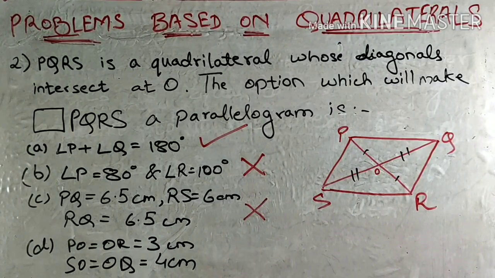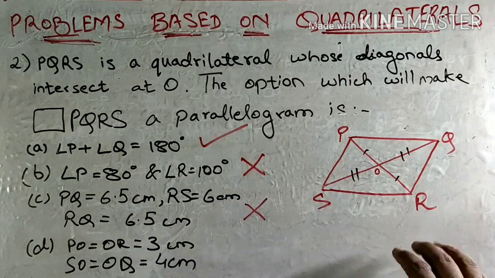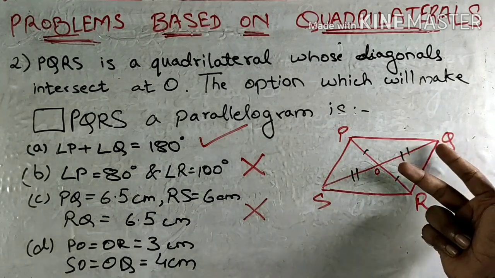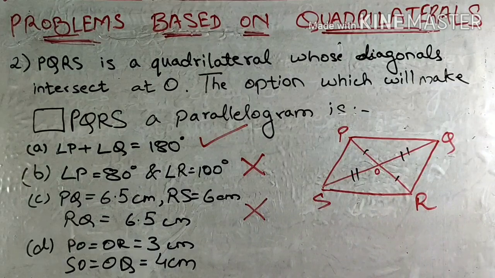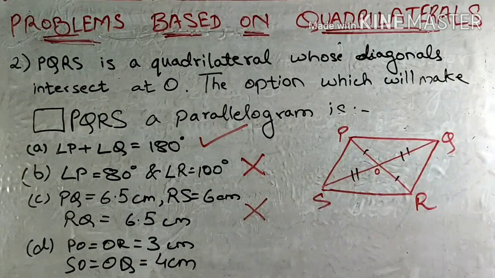So yes, the diagonals of a parallelogram bisect each other, so their halves will be equal. This half will be equal to the other half. So PO is equal to OR and SO is equal to OQ, whatever the measurement is. But yes, this option is a valid condition for it to be a parallelogram. I hope this is clear.